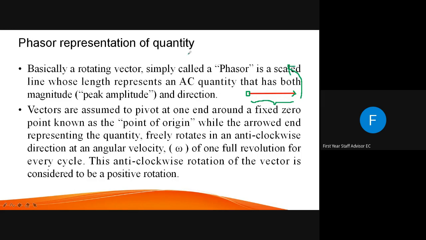We already know the expression for instantaneous value is Vm sine omega t, where omega is the angular velocity. So with that angular velocity, this arrow, this vector will be rotating in the anti-clockwise direction as per this equation. So what will happen if you know this sine wave?